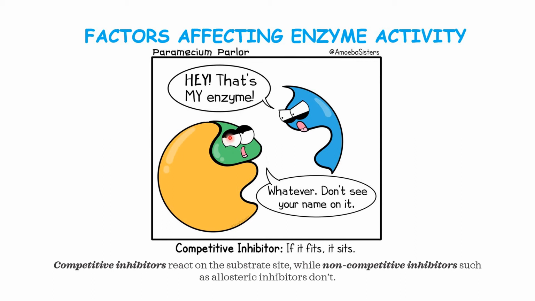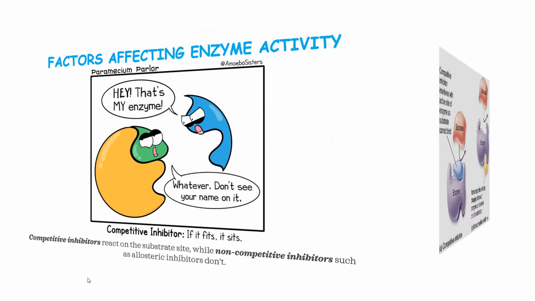So, kung halimbawa, it's a non-competitive inhibitor, such as an allosteric inhibitor, hindi siya magbabind dito, pero meron siyang structure banda dito sa likod, or sa baba, or taas, okay, apart from the active site, na pwedeng pagbindan. Tapos, kapag nagbind doon ng inhibitor, magbabago yung shape ng enzyme at di makaka-fit yung mismong substrate.